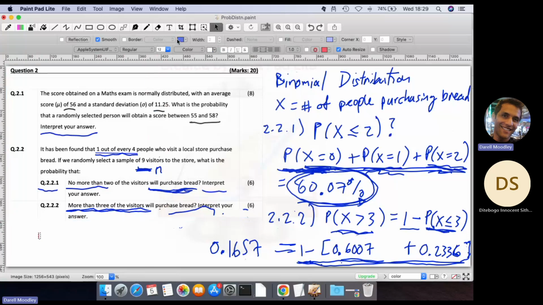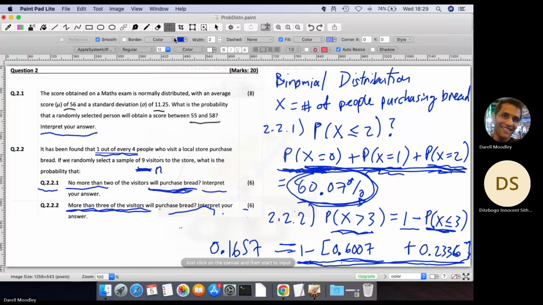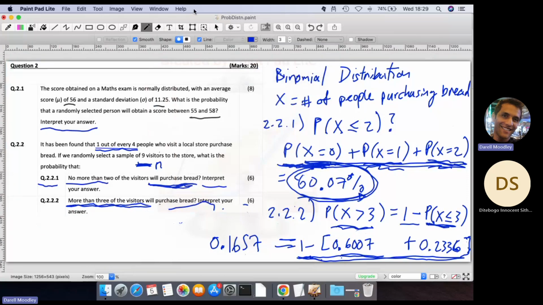Let me just change the color. I'm just going to write it with the freehand.